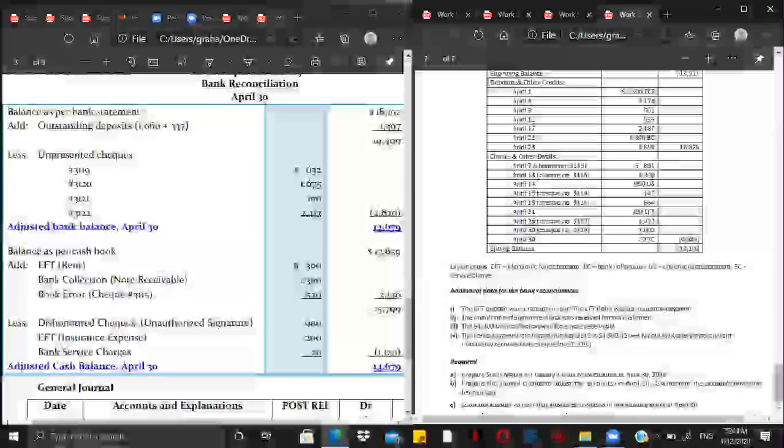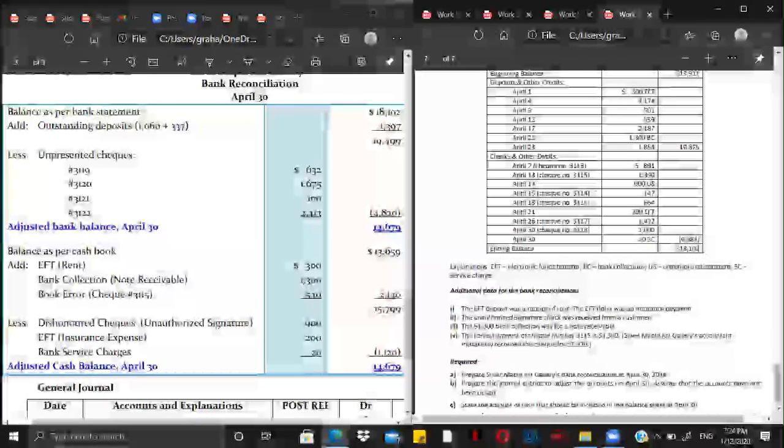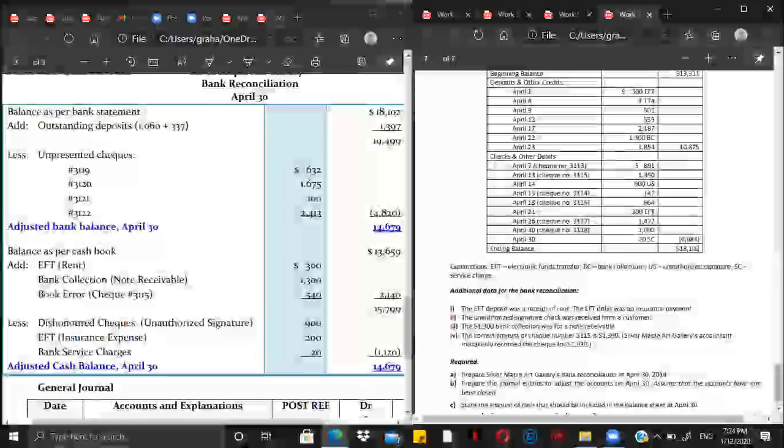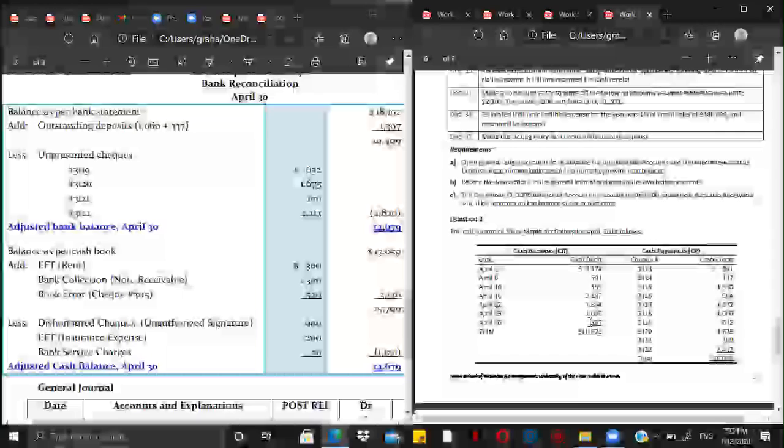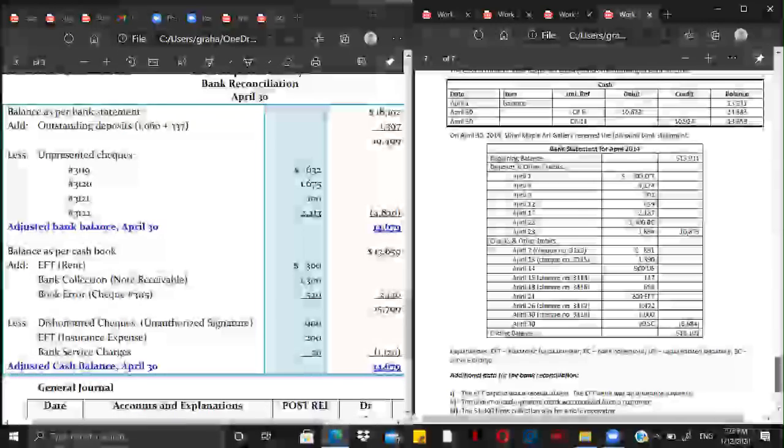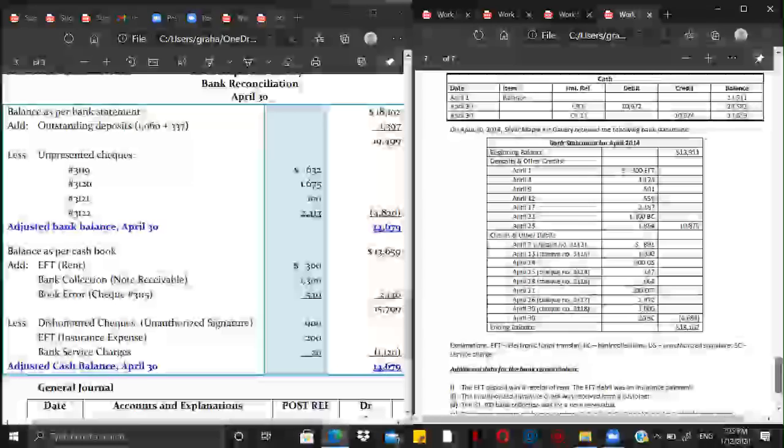Because basically, if the signature on the check that you bring to the bank does not add up, or if the signature is wrong, or doesn't match the person's name on the account, then it's going to be a bounced check or a dishonored check, right? So the item says the unauthorized check was received from a customer.